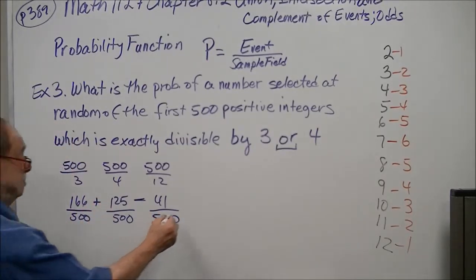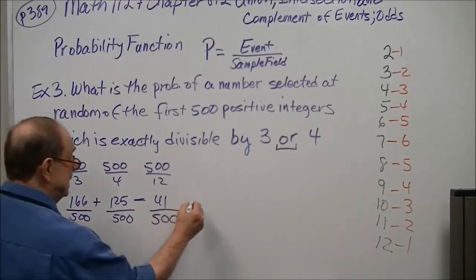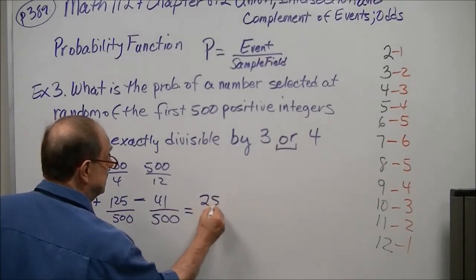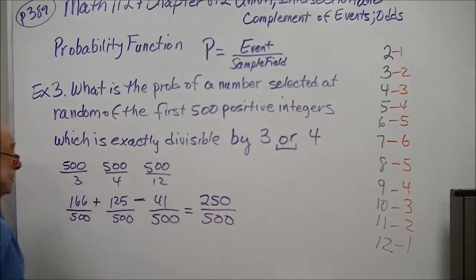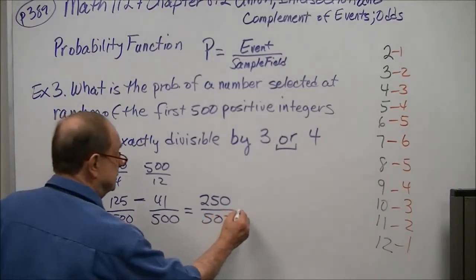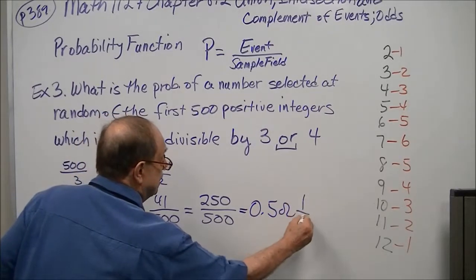Now when I add these up through my knowledge of this, this adds up to 250 over 500. Very fortunate here to have a nice round number like that. And in fact, if that's on your test or quiz me, and if you can remember this, this is a good one, then this is going to reduce to 0.5 or 1/2.